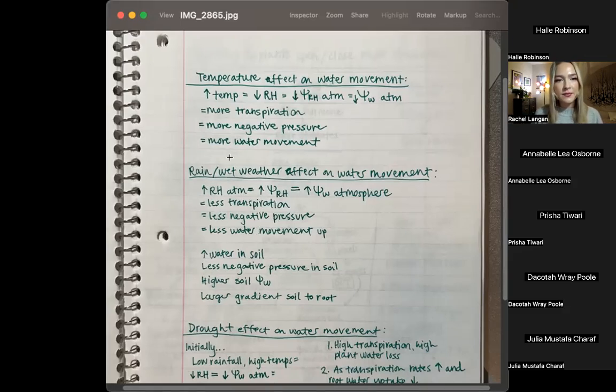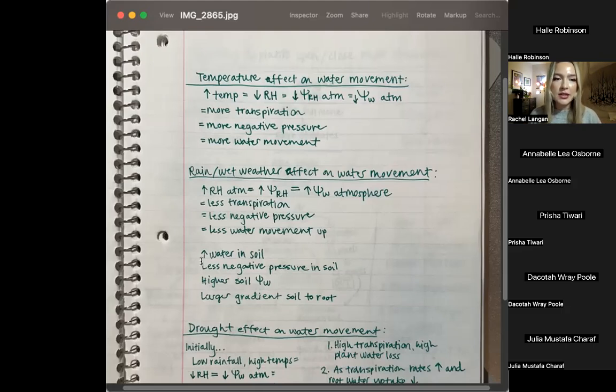Another effect of rain and wet weather is you get increased water in the soil. As you increase the water in the soil, what do you do to the radius of menisci of the soil particles? You make that radius larger as it fills up with water. It's just less of a circle. So that's less tension in the water.